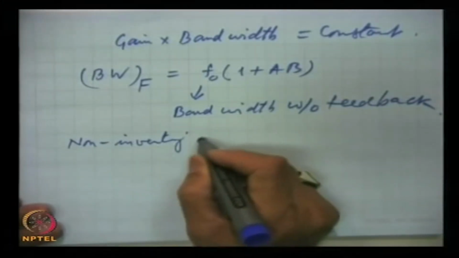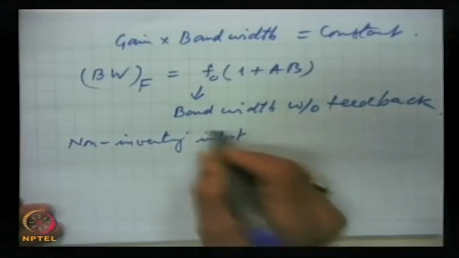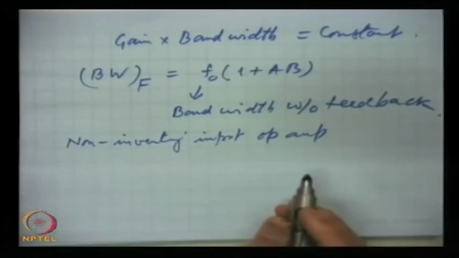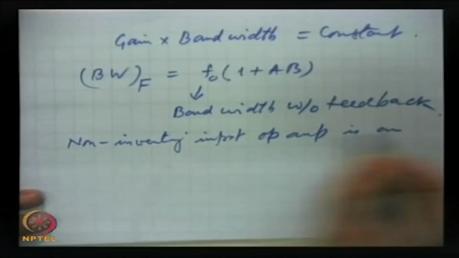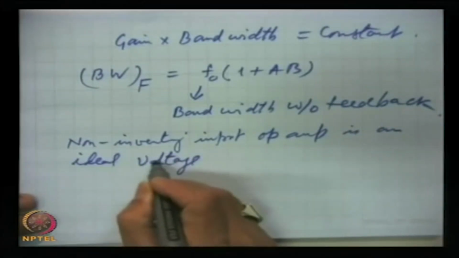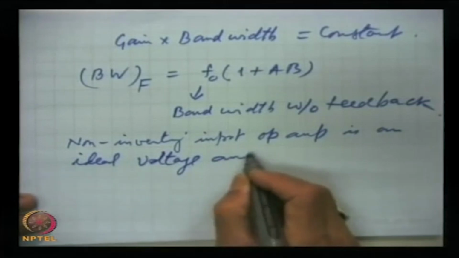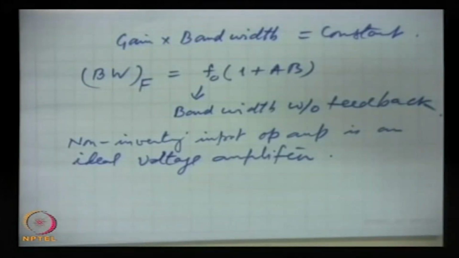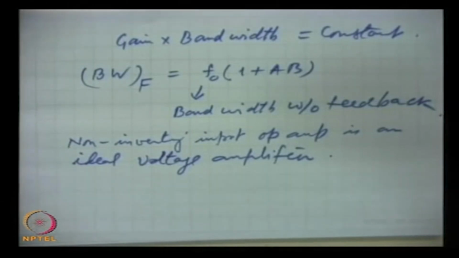Non-inverting input op-amp, which is actually called the non-inverting op-amp, is an ideal voltage amplifier. So these are the major things about a non-inverting amplifier.